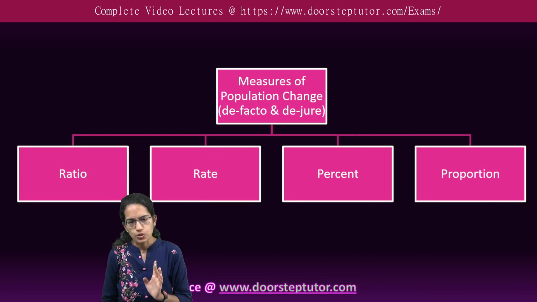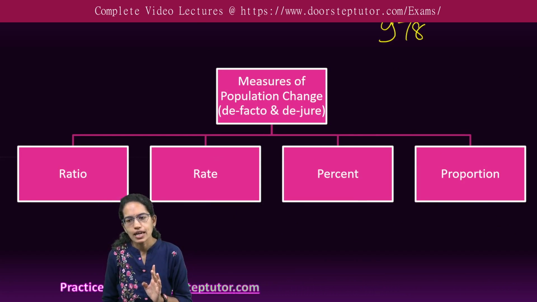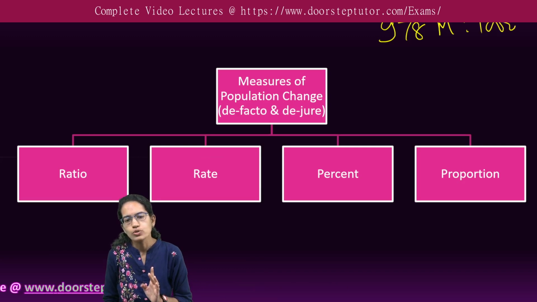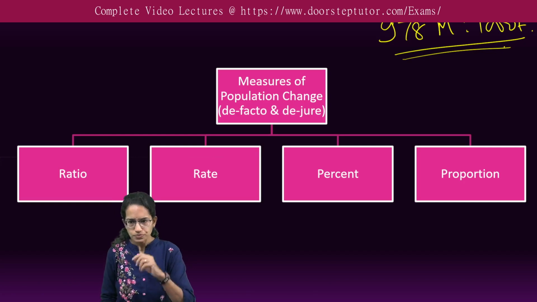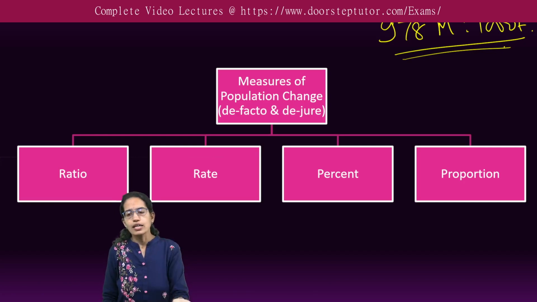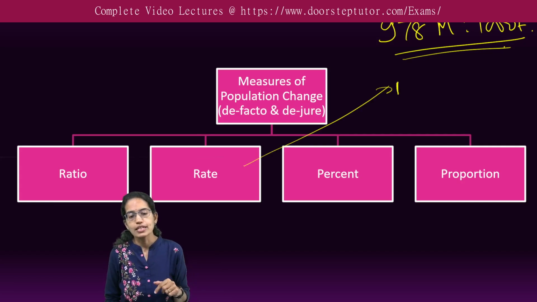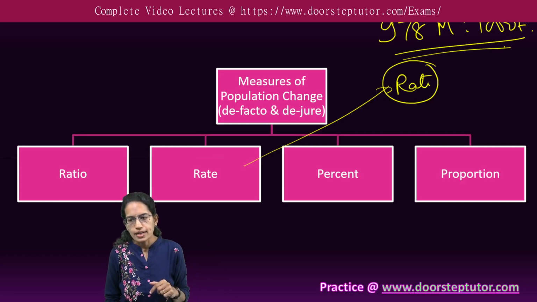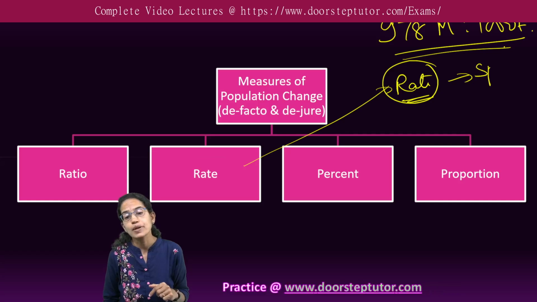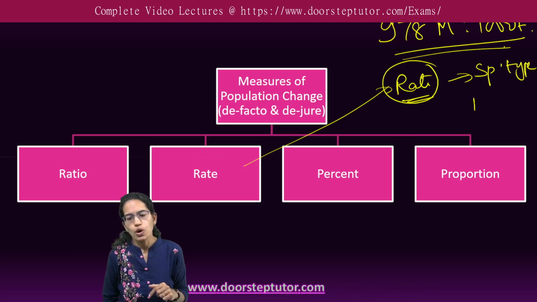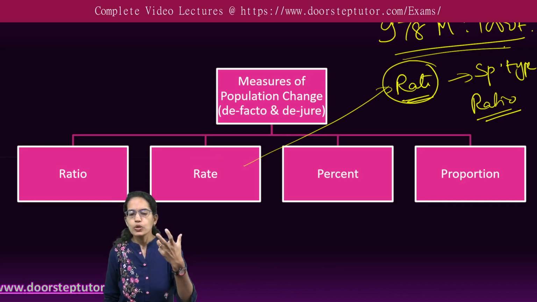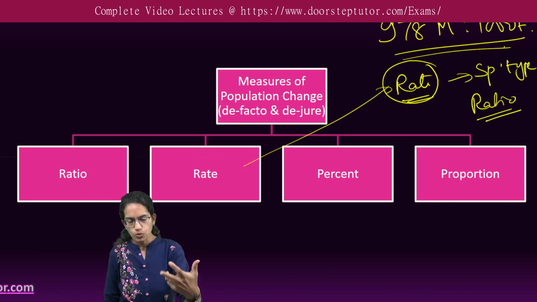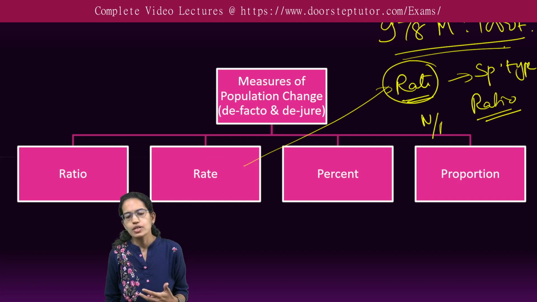So what is ratio? I say 978 males to 1000 females. Now this is what is considered as a ratio. So ratios are computed in the same manner, and in this same manner rates are also computed. But rate, we can say, is a special type of ratio. Why do I say it is a special type of ratio? Because you are taking the two as numerator versus denominator.